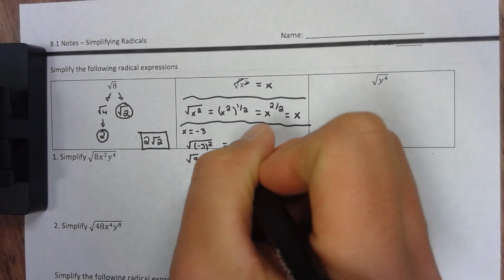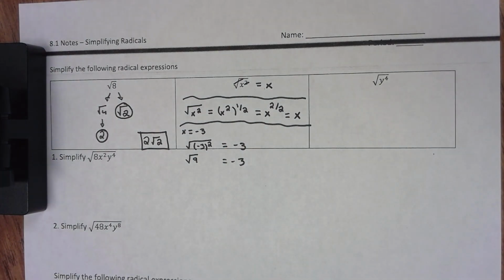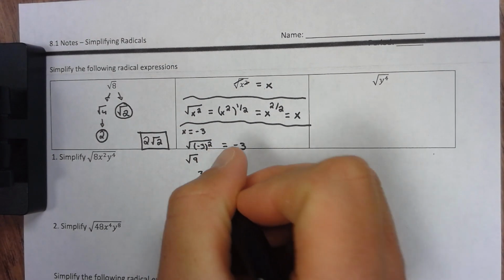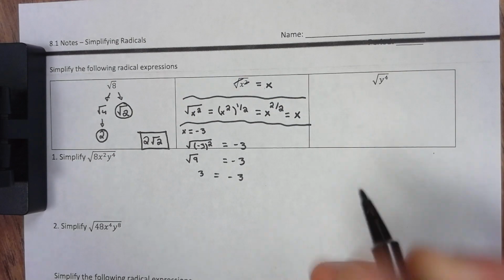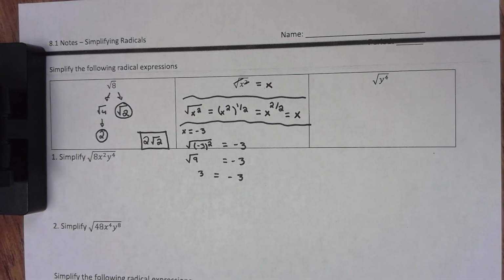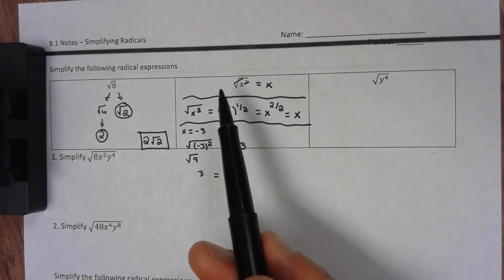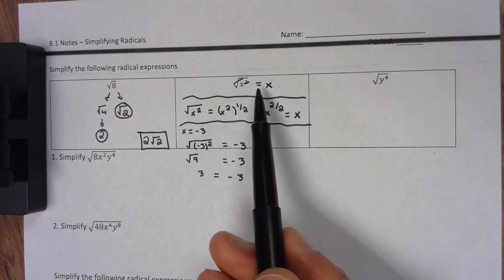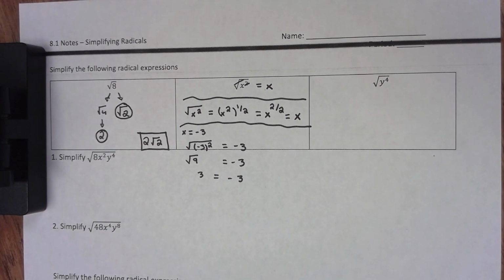Well, that's a good thing because for us to take square roots, it needs to be positive, but the square root of 9 is +3. So based on this, we're getting that 3 equals -3. That's not a true statement. And so what this is telling us is the square root of x squared is not necessarily equal to x. There's something we need to do to that x so that they do end up being equal.